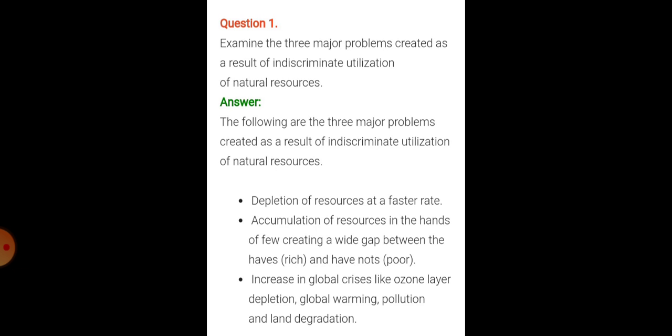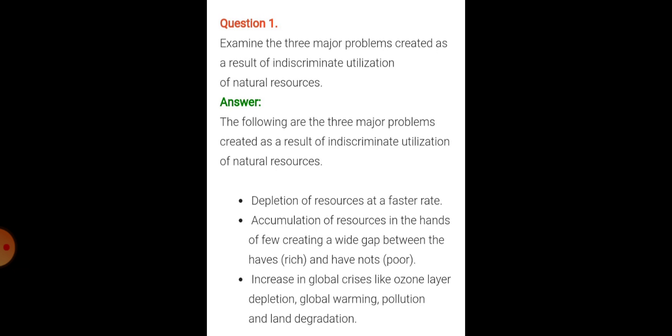So the following are the three major problems which are created as a result of indiscriminate utilization of natural resources. The first and very important point is depletion of resources at a faster rate. This is also because of the overpopulation.